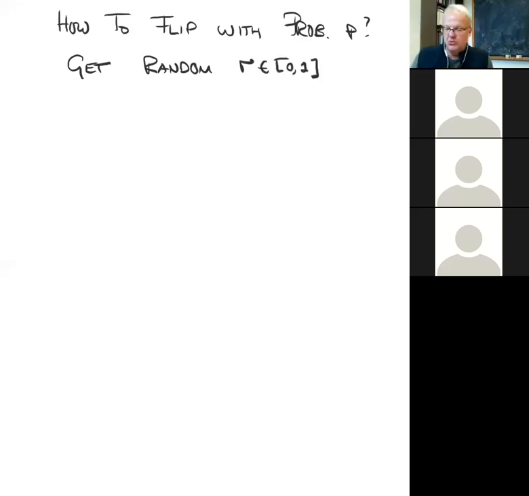So now we have two numbers between 0 and 1. We have this probability for flipping, P, and we now have a random number R. So all you do now is, if R is less than or equal to P, then you flip. And if R is greater than P, then you don't flip.